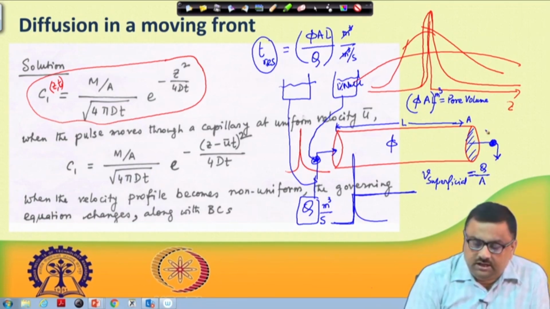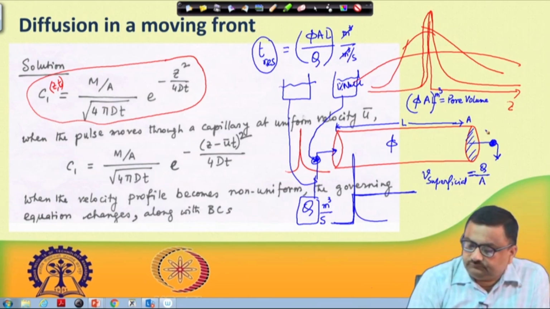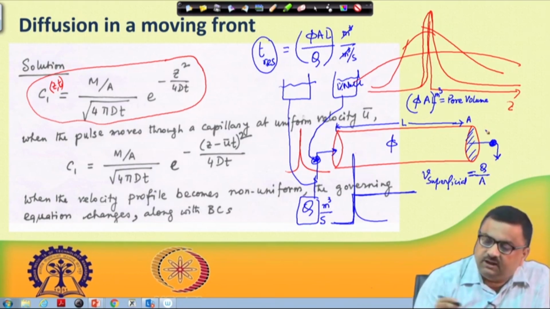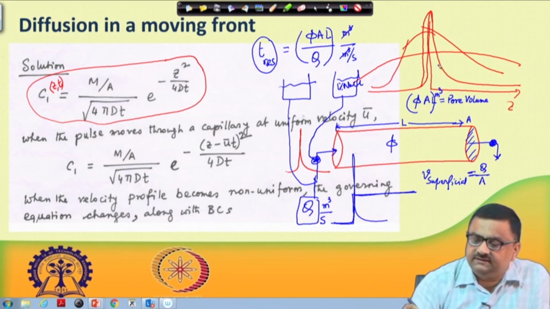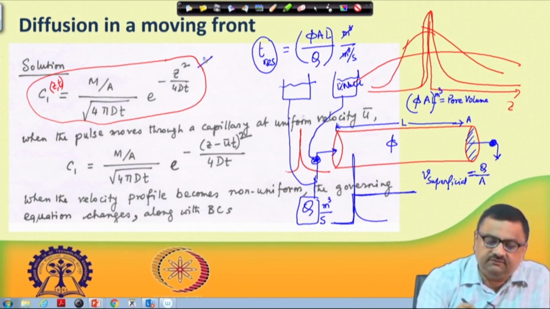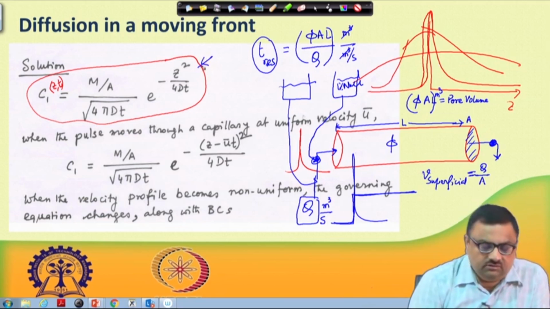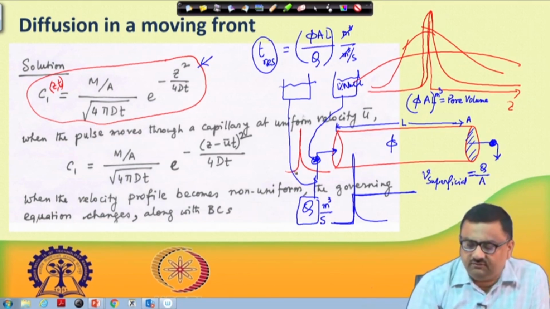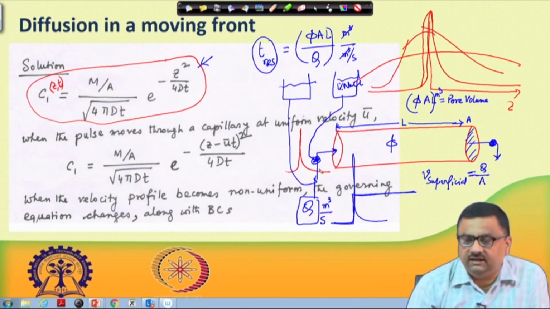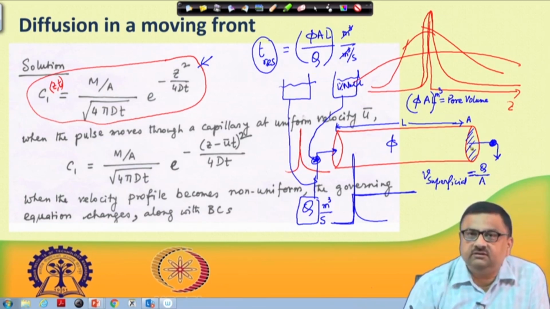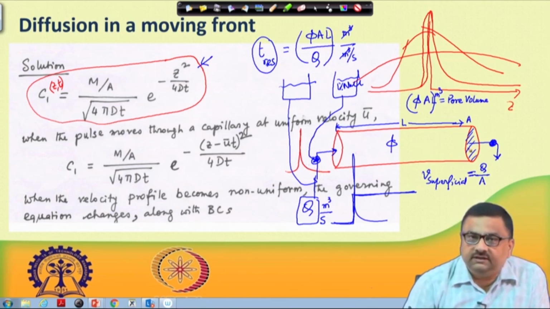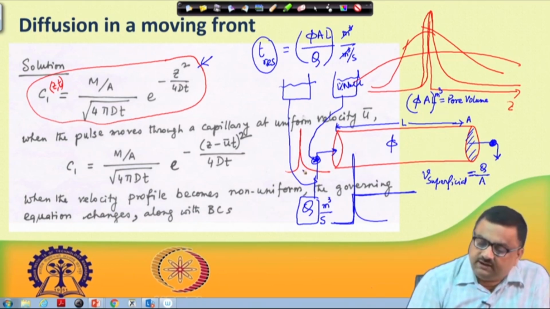Now, suppose I have this pulse in a static system, and this is the equation that was followed at that time. Now, I have introduced this pulse here at the inlet and this pulse is traveling downstream.